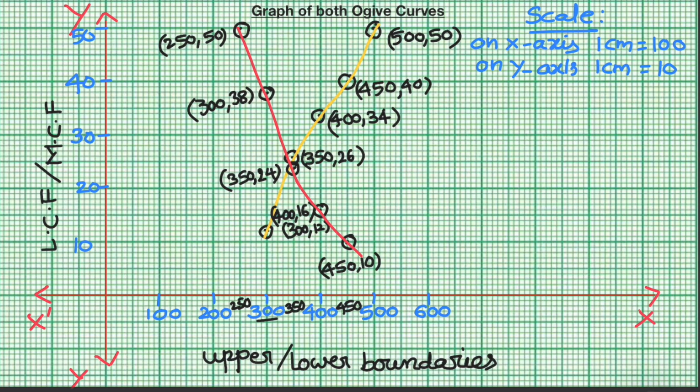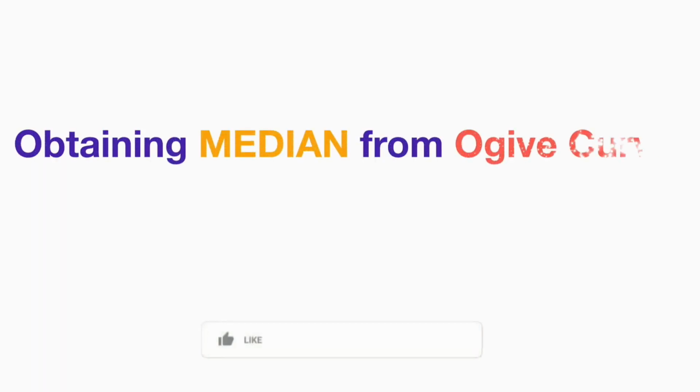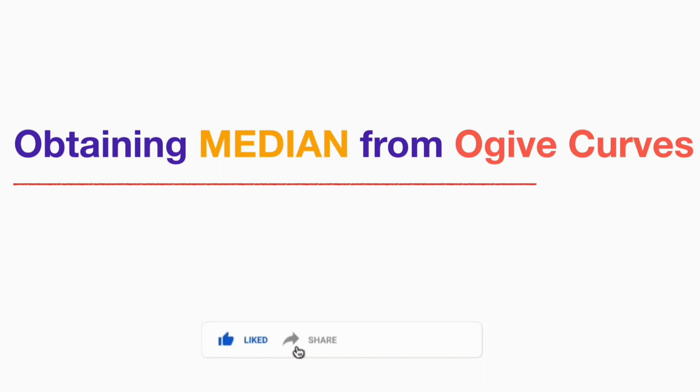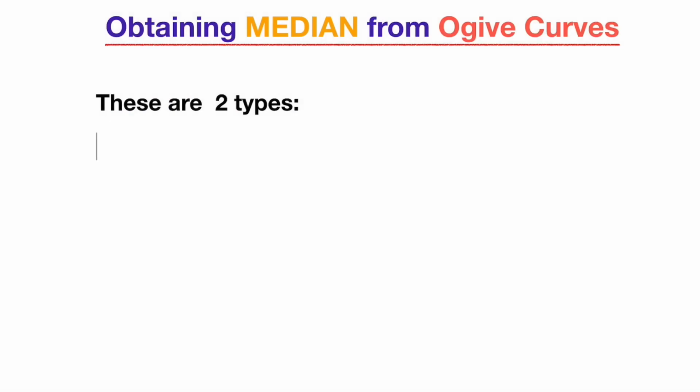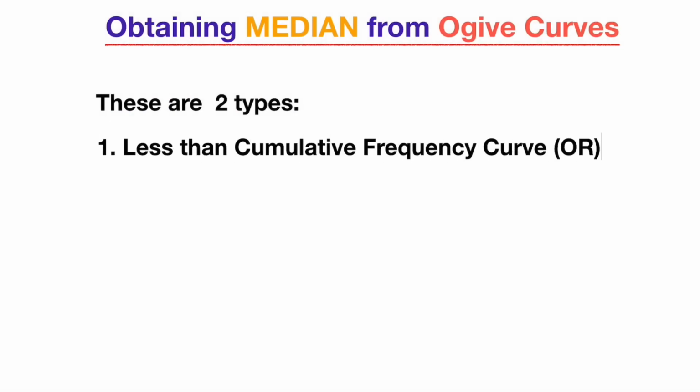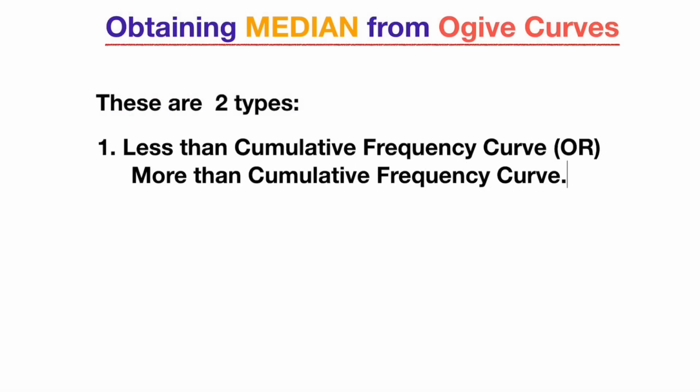Now I explain how to obtain the median from ogive curves. Here we have to obtain the median in two ways. In the first way, we obtain the median from either the less than cumulative frequency curve or the more than cumulative frequency curve. In the second way, we obtain the median by drawing both ogives.